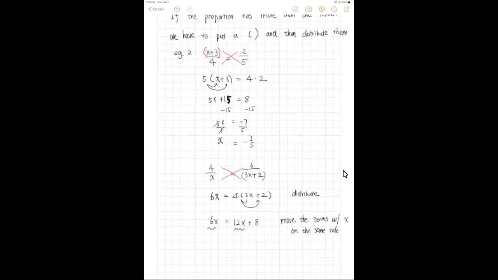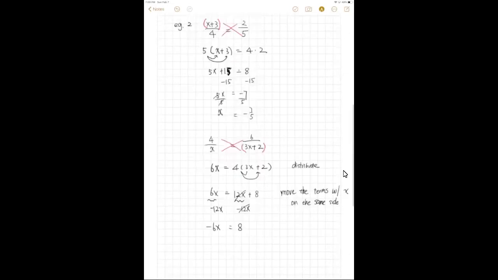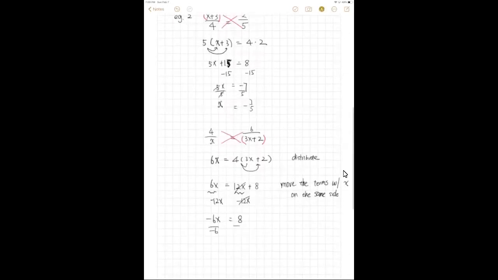Since the right has 8, that means I want to move 12x to the left side. So I subtract 12x on both sides. So I have negative 6x equals 8. And then I divide by negative 6. I simplify it, divided by 2, common factor. So I have negative 4 over 3.